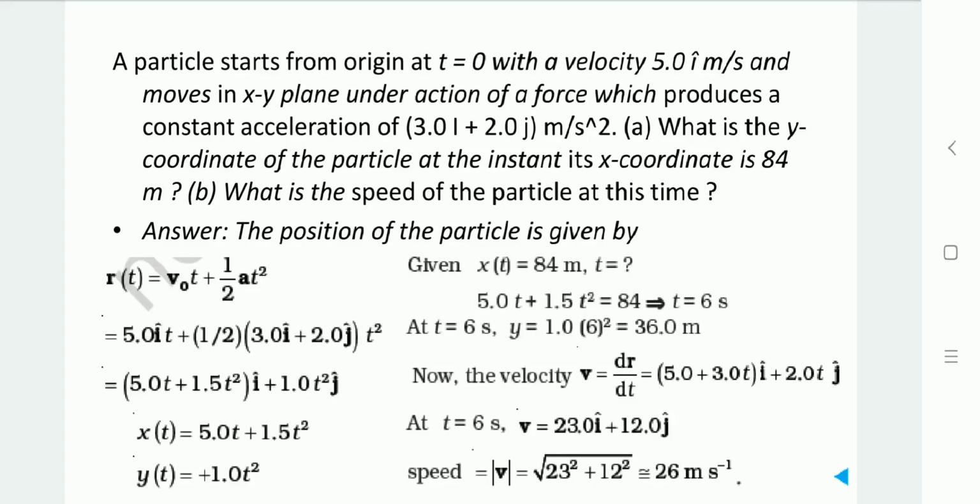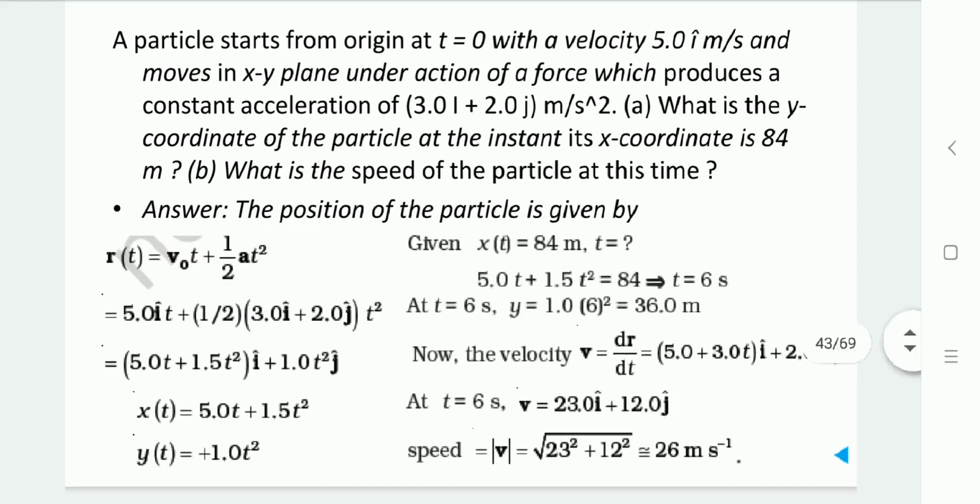Acceleration is already given, which is a constant acceleration, that is 3i plus 2j. Substituting the values of velocity and acceleration, we get 5t plus 1/2 times 3 t square in the i component, plus 1 t square in the j component.